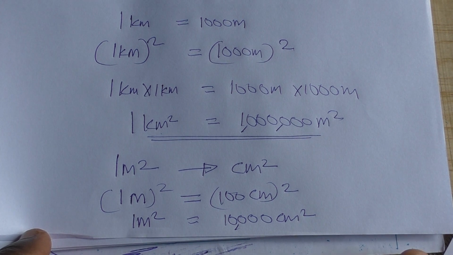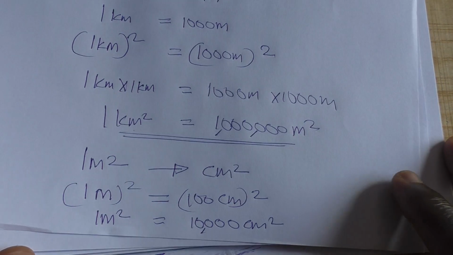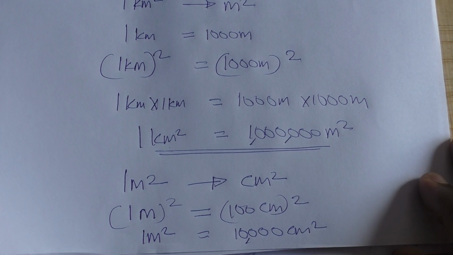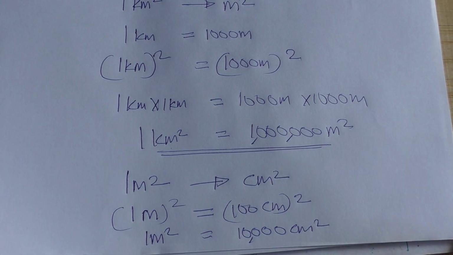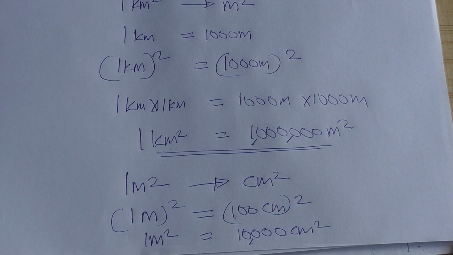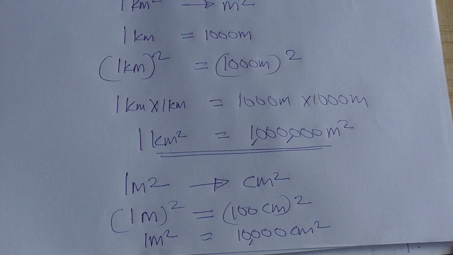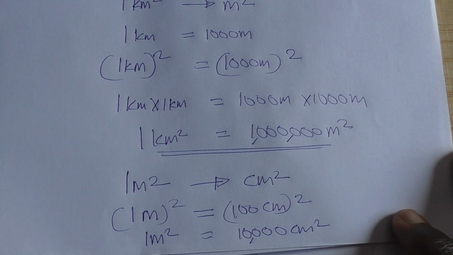Then, after looking at conversion, did you know that area has two types? Yes. We have what we call the cross-sectional area and the surface area. Let us look at how we get cross-sectional area. Cross-sectional area is area of two-dimensional figures.